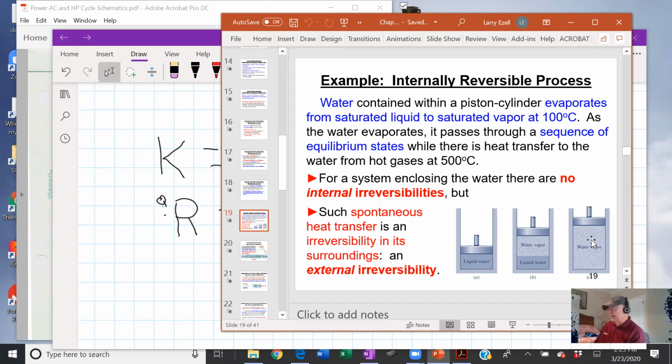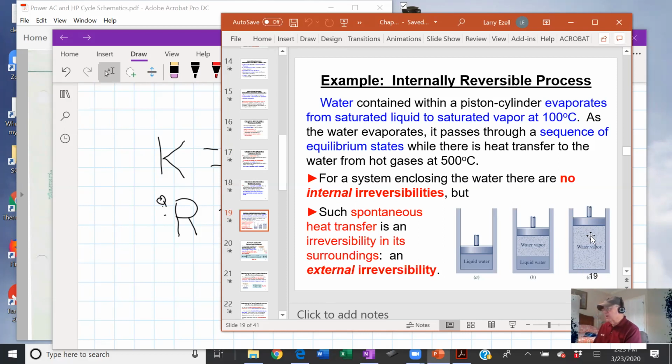But now if we keep adding heat, all of this liquid water is going to turn into water vapor, and we have what we would call saturated vapor right here. For a system enclosing the water, there are no internal irreversibilities. If we add the heat out here and there's no friction inside, there are no irreversibilities.